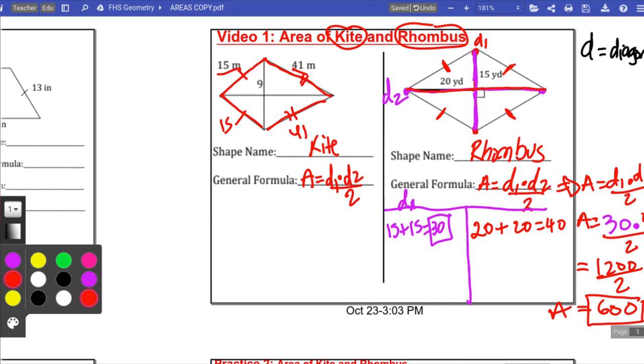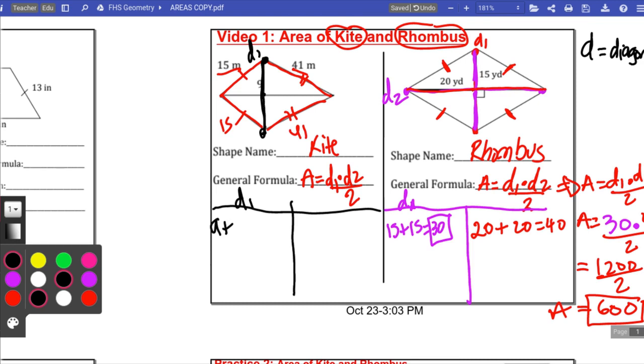Straightforward. Now, the kite, on the other hand, is a little interesting. From this corner to this corner, you can call it D1 or D2, right? So if I split it in half, I'm going to dedicate that for D1. So that's 9 plus, that's also 9.